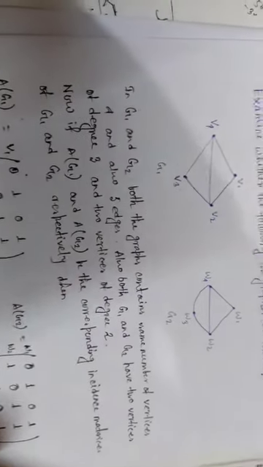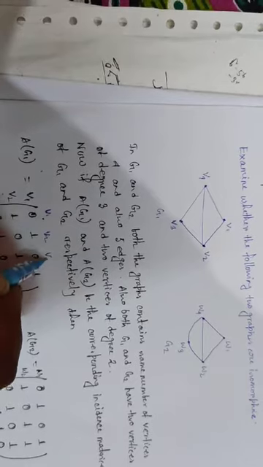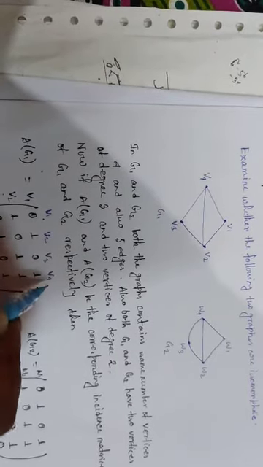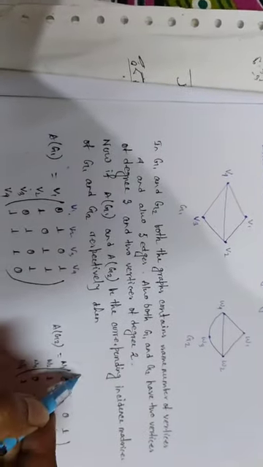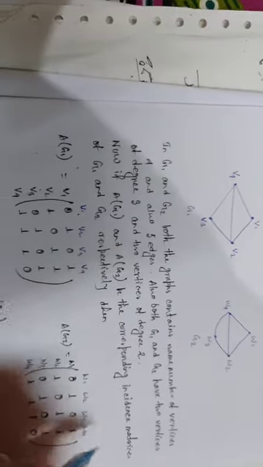So now we construct the matrix. This is also vertex to vertex, and now I will try to construct the adjacency matrix.